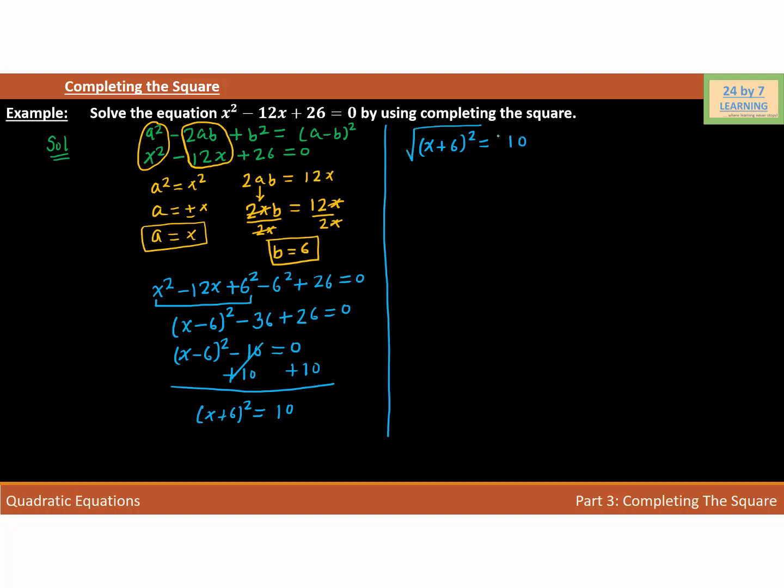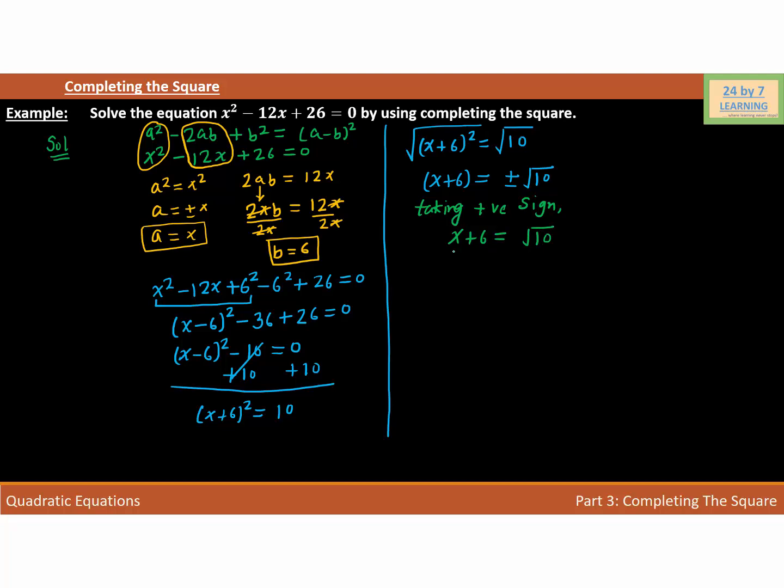So let's take the square root, and if I do that, I will get x minus 6 on the left side is equal to the square root of 10, which is basically plus minus root 10. Now I'm going to separate the positive and negative signs. Taking the positive sign, I will write x minus 6 is equal to root 10.